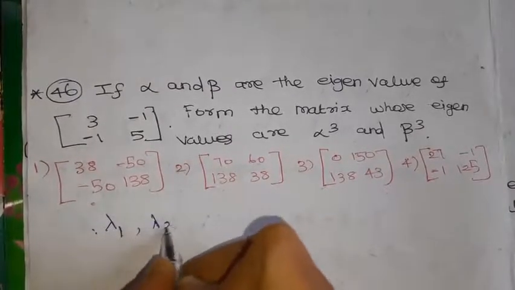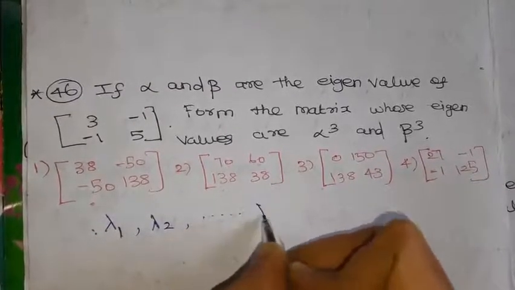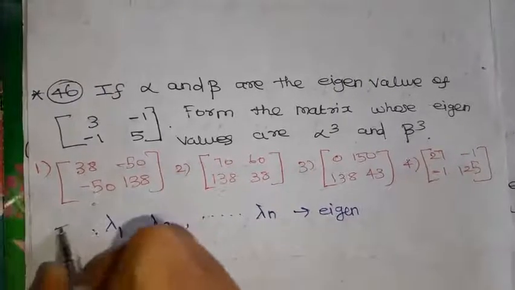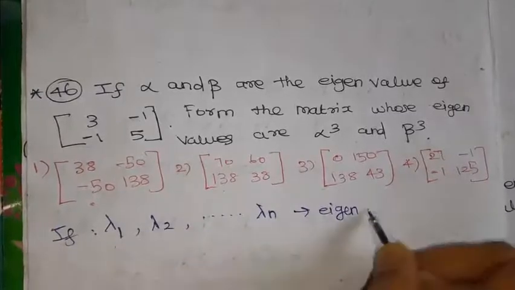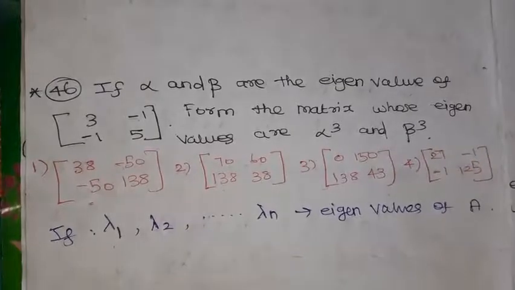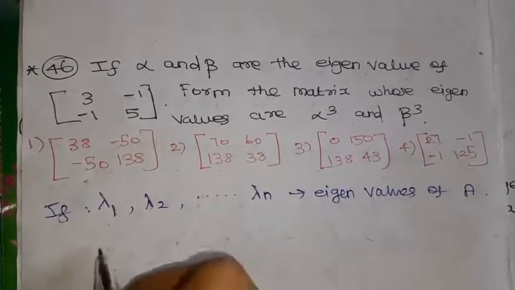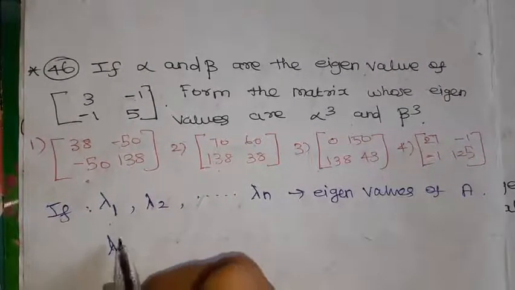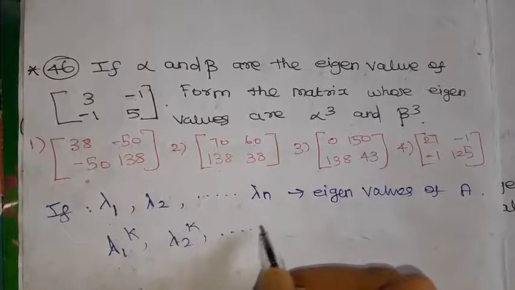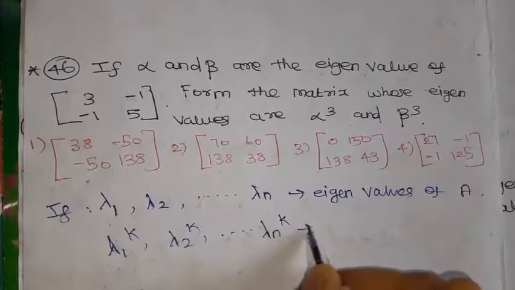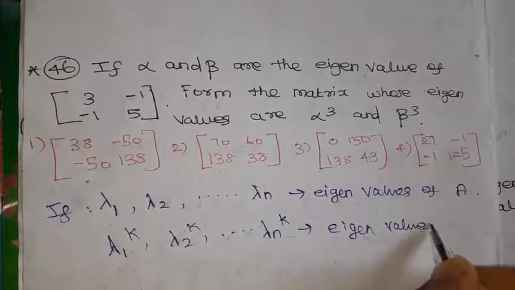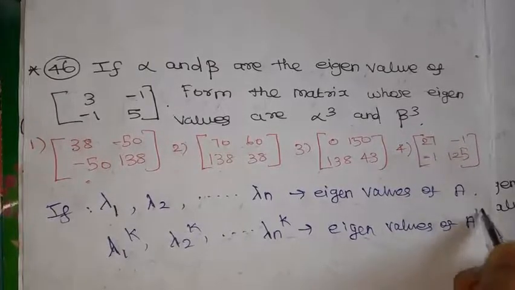If lambda 1, lambda 2, up to lambda n are the eigenvalues of some matrix A, then lambda 1 power k, lambda 2 power k, lambda n power k are the eigenvalues of A power k.